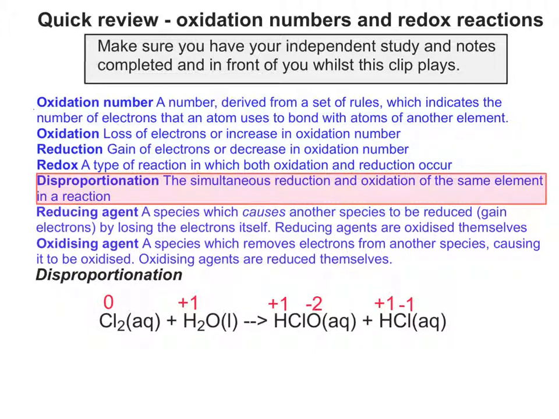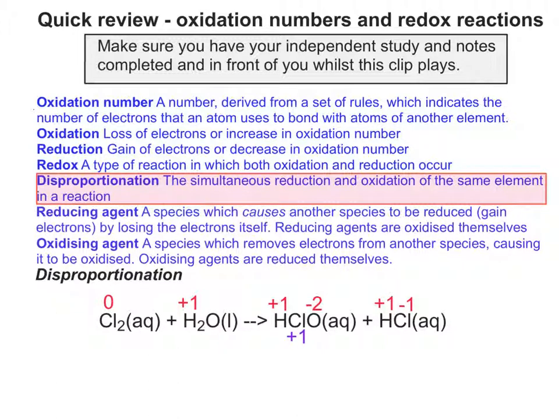So I've assigned the oxidation numbers and all the easy ones. There's one missing. Let's see if you can spot it. It's the chlorine within HClO. Don't forget HClO is not a charged species, so therefore the oxidation numbers have to add up to 0. The only way this could work is if that particular chlorine is +1.